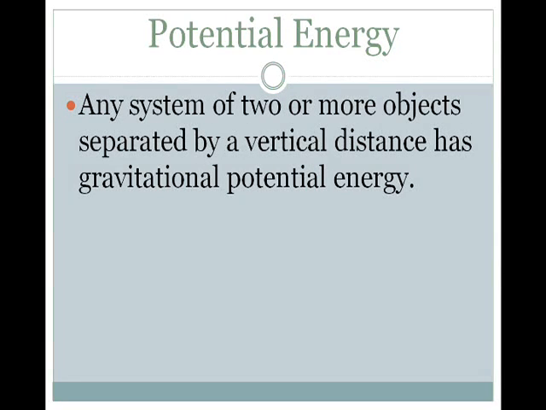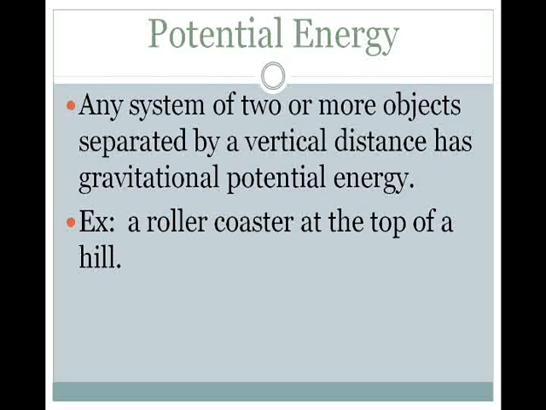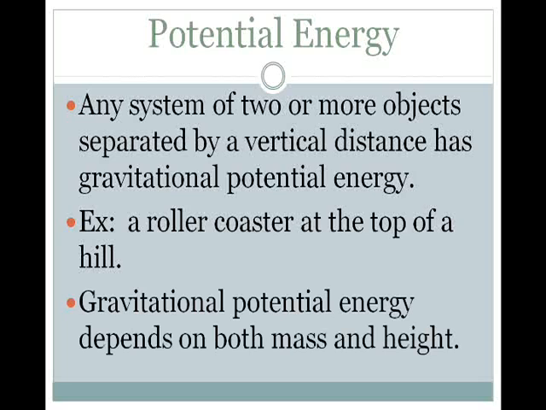We have elastic potential energy and gravitational potential energy. An example of gravitational potential energy is a roller coaster at the top of the hill before it starts descending. That means that the roller coaster has a large amount of potential energy. Gravitational potential energy depends on the mass of the object and the height of the object.